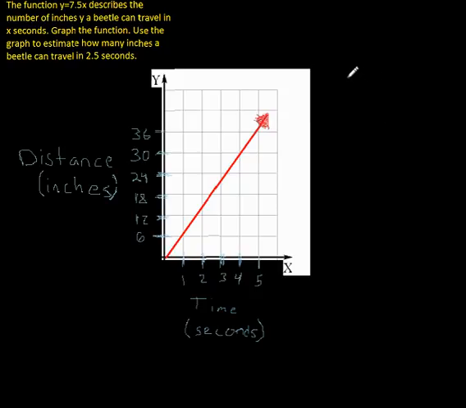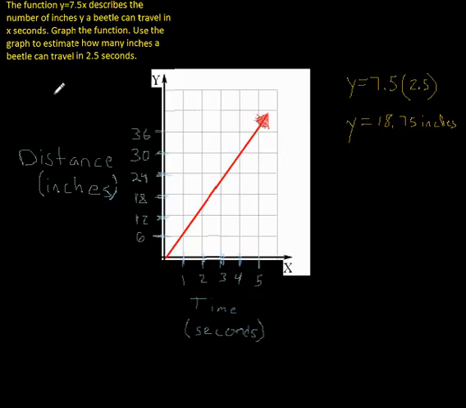Say, y equals 7.5x, or for x here, you'll have 2.5, and 7.5 times 2.5 equals 18.75 inches. So yes, this does hold true. It checks out.